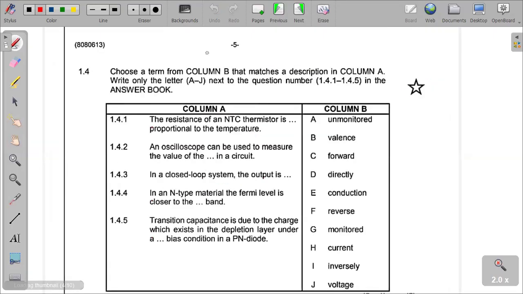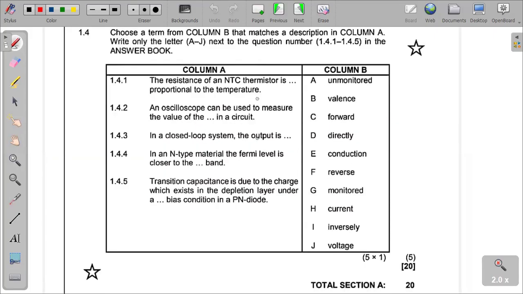Choose a term from column B that matches a description in column A. Write only A to J next to the question number in the answer book. The resistance of an NTC thermistor, a negative temperature coefficient thermistor, is dash proportional to the temperature.